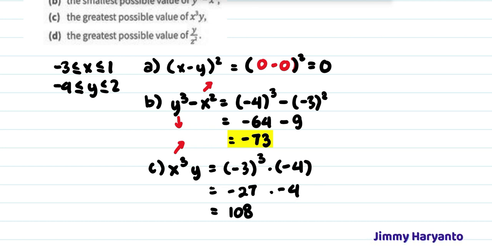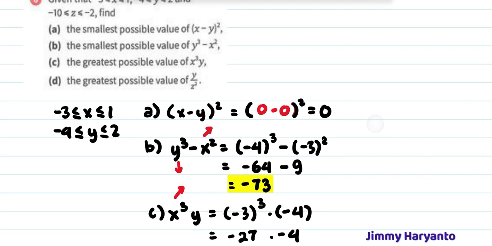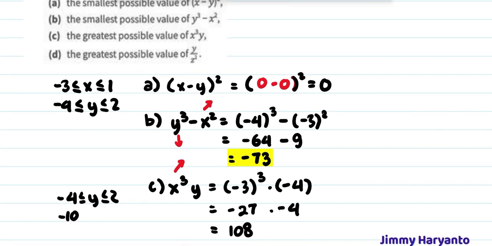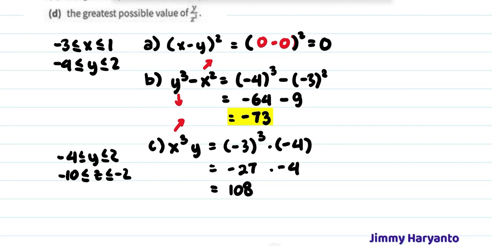Okay, there you go. And then for the D, we'll need the Z and the Y. I'll copy the Y first, and also the Z. The Z is -10 until -2. The question wants you to find the value of Y over Z square.